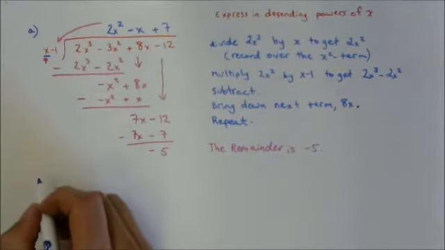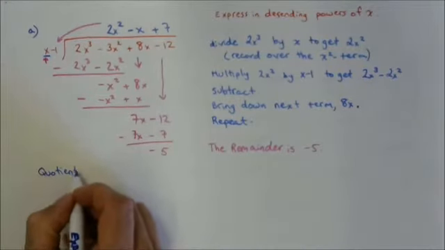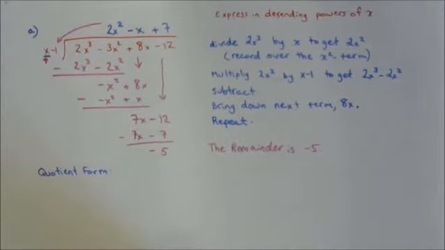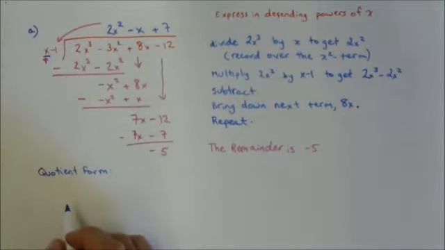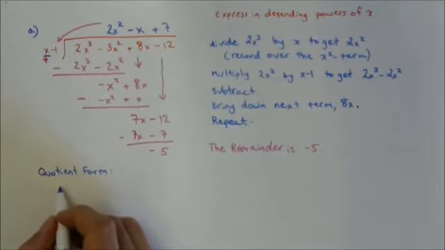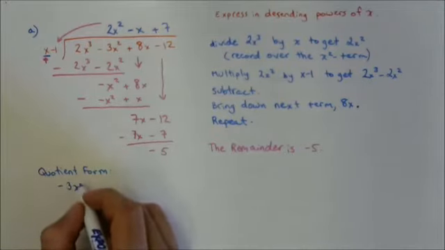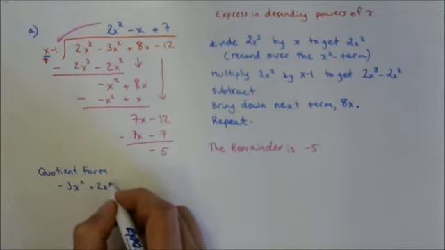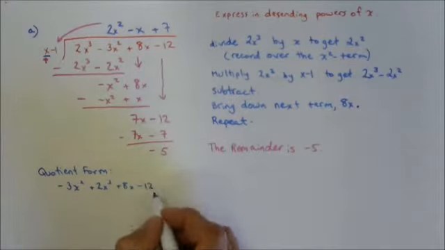Part A here is to express the result in quotient form. Please make sure you have a note of this. Quotient form. Basically that means you're going to take the original question and put it back in its non-arranged powers of x, although you could keep it arranged in descending order. So we have negative 3x squared plus 2x cubed plus 8x minus 12.